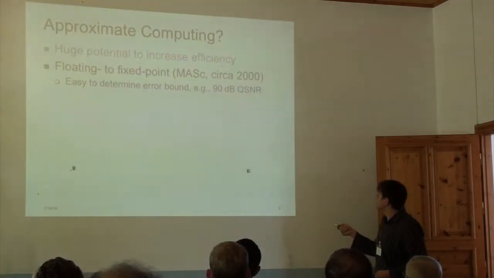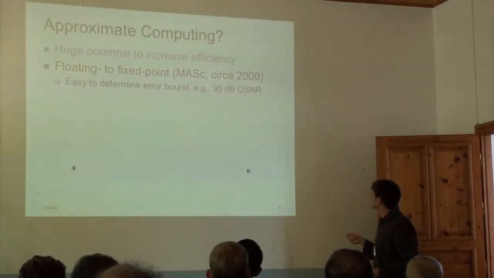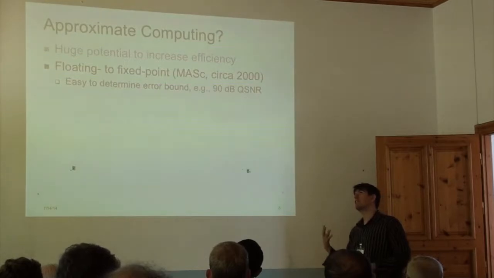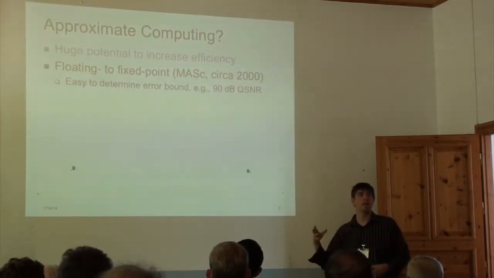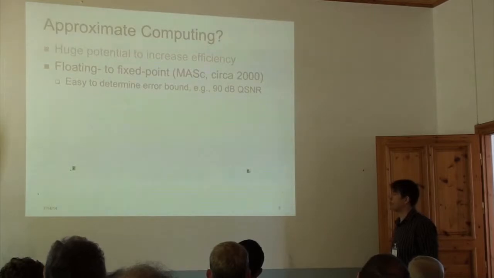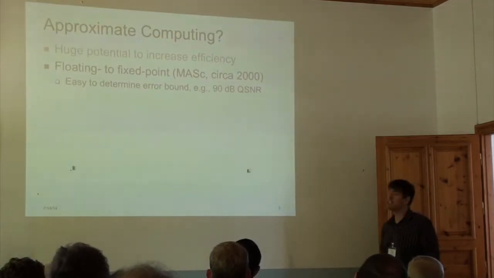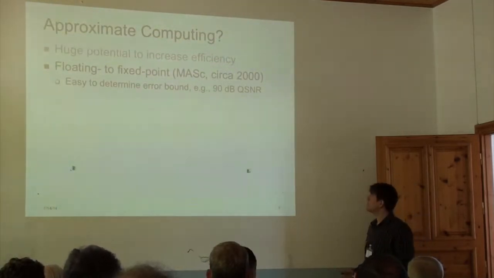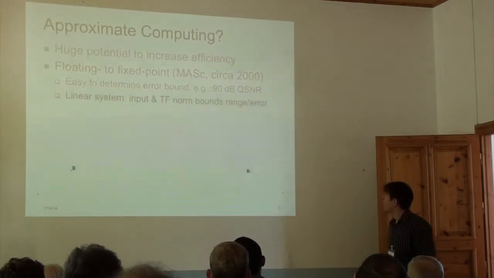And so my experience with that is it's easy to determine the error. The thinking is it's easy for the programmer to express how accurate the overall program needs to be. For example, if it's a signal processing algorithm doing some sound, you might say, 90 dB of signal to noise ratio is acceptable.